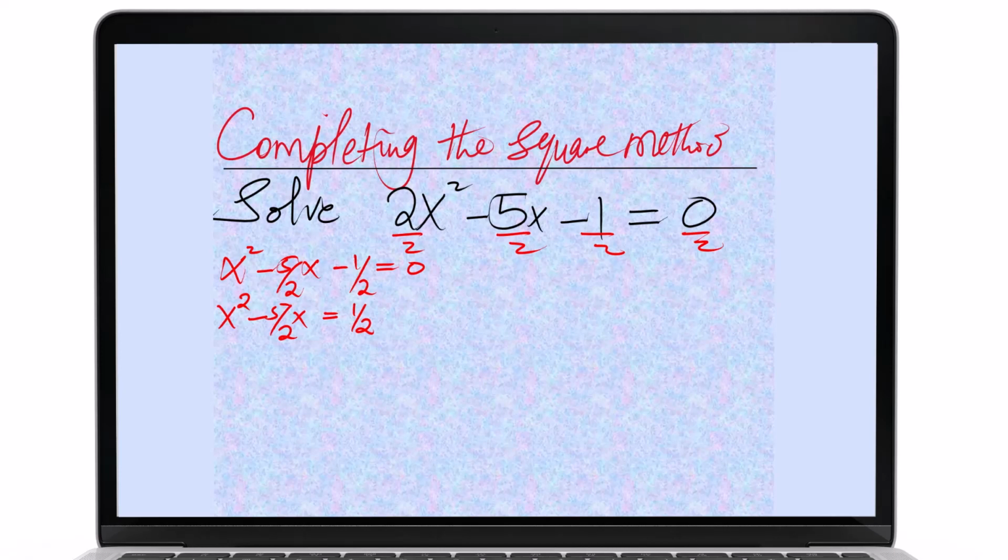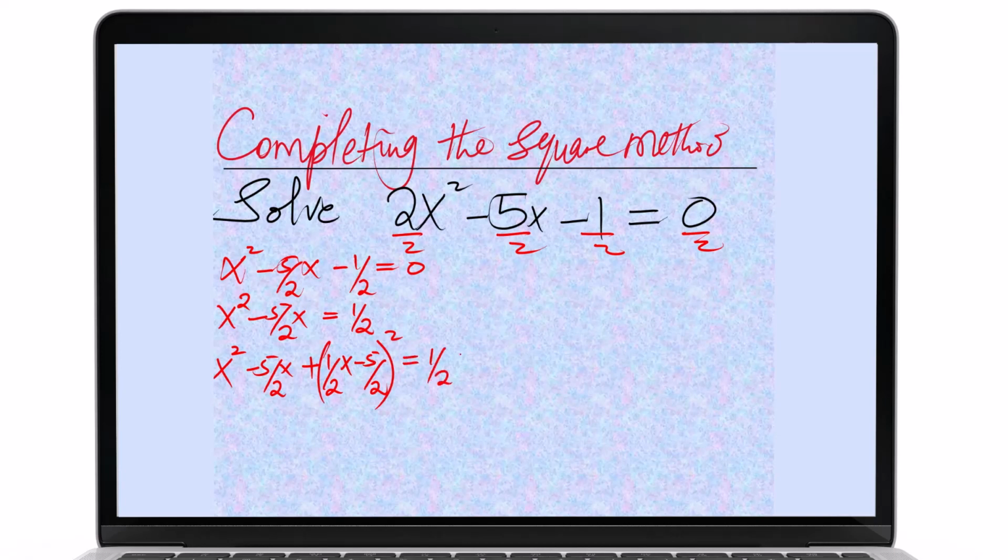Then from there we add half the coefficient of x, then you square that to both sides. This is what I mean. So x squared minus 5 over 2x. Then we add half multiplied by the coefficient of x. The coefficient of x is negative 5 over 2, like that, and we square that. We do that to both sides.